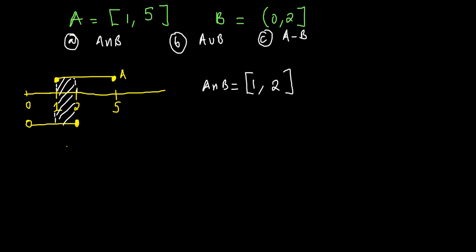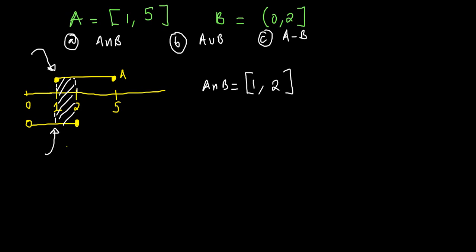To tell if our element is going to be included or not, look at 1. For set B, 1 is part, you can see it's within the number line. So 1 is part of set B because B is from 0 up to 2. And 1 is also part of the set A, because we're starting from 1 up to 5.